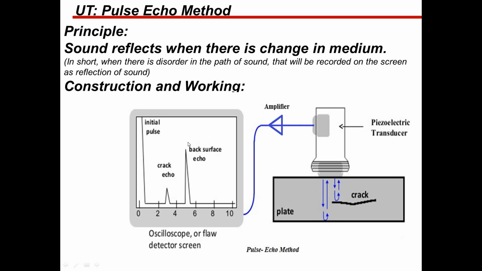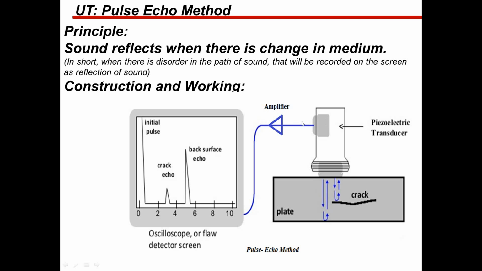The following figure gives you the details of the construction of this method. It consists of this part, known as the piezoelectric transducer. For this method, this transducer acts both as the transmitter of the sound wave and also as the receiver of the wave.